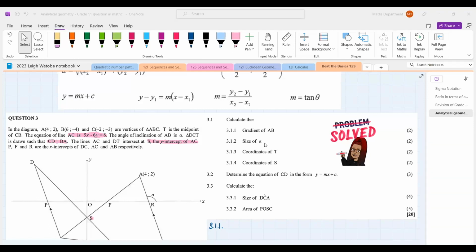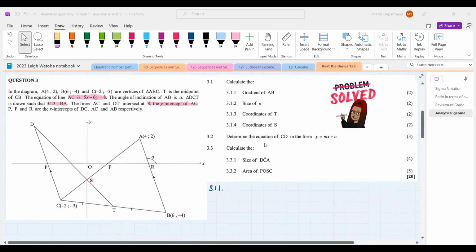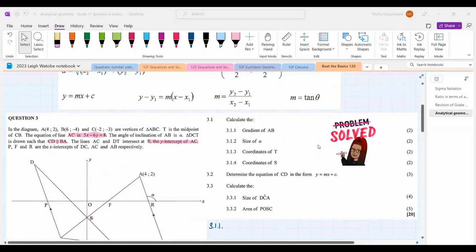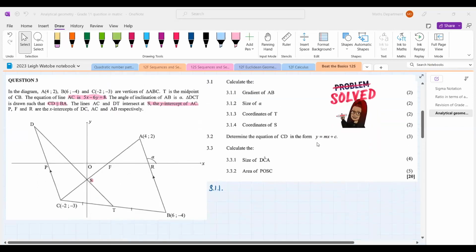Okay, now that you know what the gradient of line AB is, we're going to calculate the size of alpha. Yes, Nolutando. Okay, go on. Calculate the size of alpha. Yes, iPhone. Oh, Pinga, you've already done that.